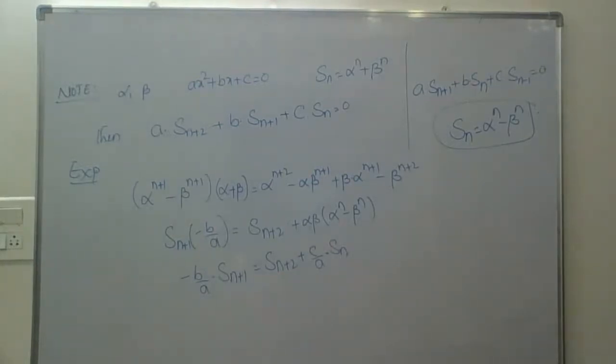Alpha and beta are the roots of the equation ax² plus bx plus c is equal to 0, and Sn is equal to alpha power n plus beta power n. Then a into Sn+2 plus b into Sn+1 plus c into Sn is equal to 0. Alpha power n plus beta power n ఇచ్చిన, alpha power n minus beta power n ఇచ్చిన.